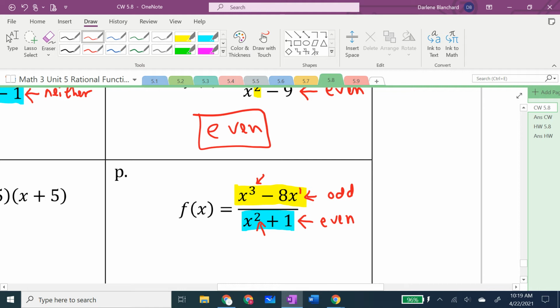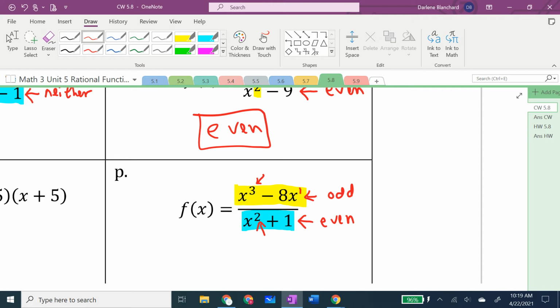Now, the question I see, I think the issue that you're confused on is that within one single polynomial, all the terms that are adding have to be either all odd or all even.